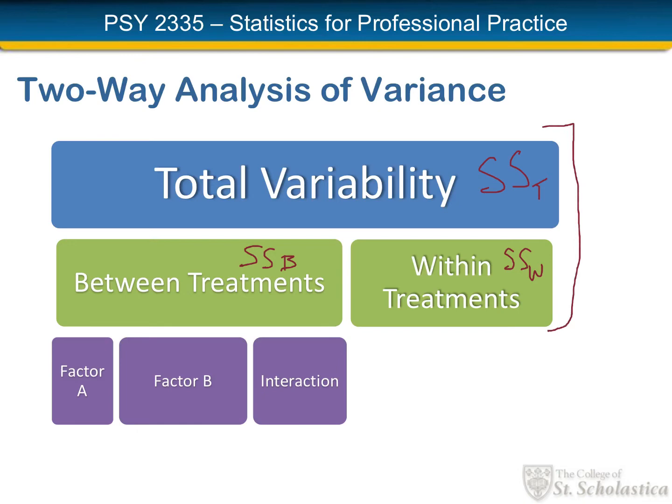So in stage 1, we break out just the random part compared to the systematic part.